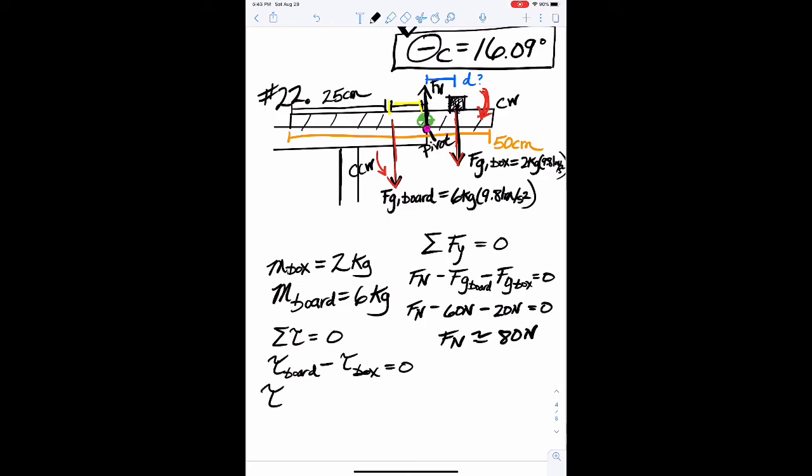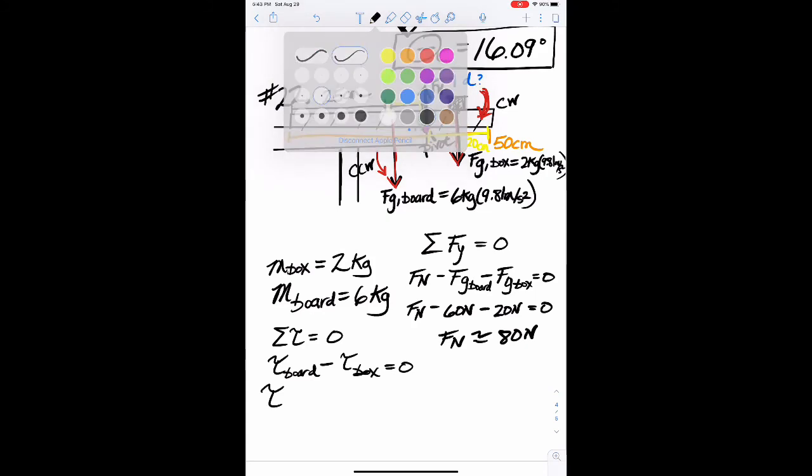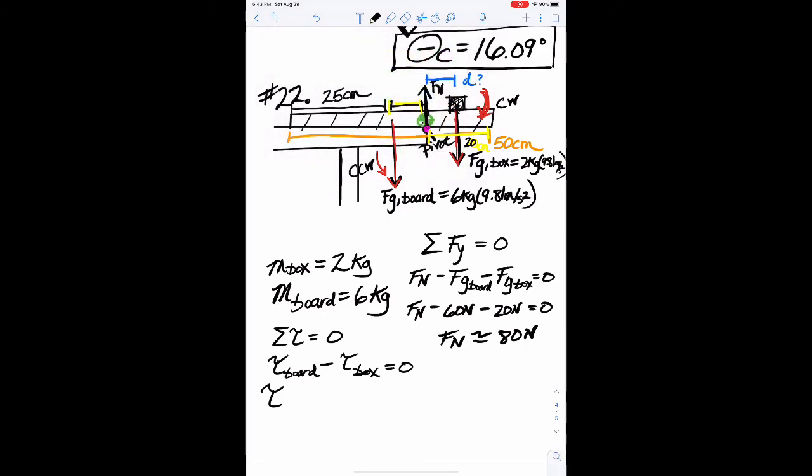They tell us, let me get my yellow marker again. They tell us that this distance right here, also in yellow, is 20 centimeters, which I know it's hard to see. They tell us that is 20 centimeters.